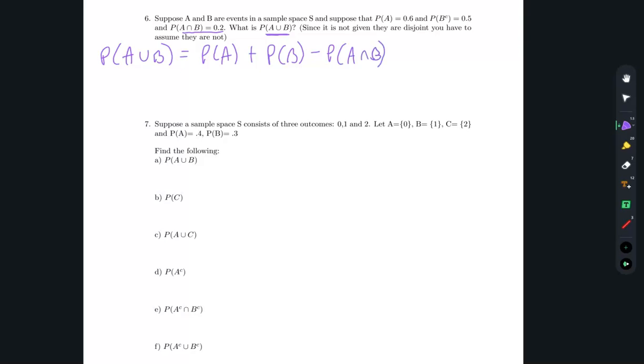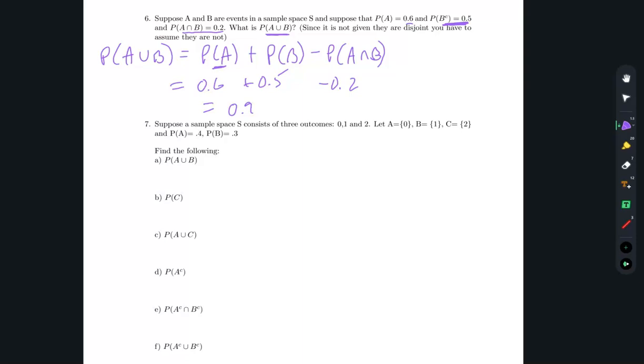Okay, so I know that this is 0.2, and the probability of A, they tell me, is 0.6, and the probability of B, oh, I just need to go figure that out. If B complement is 0.5, then B is 0.5, right? So I'm going to add on 0.5 and add all those together. I get 0.9.